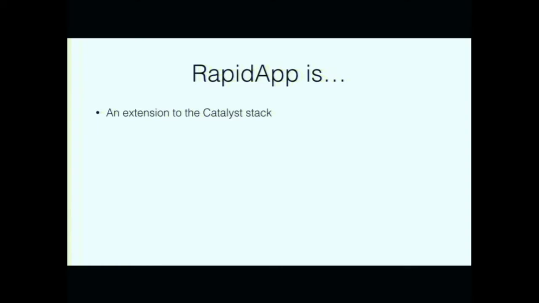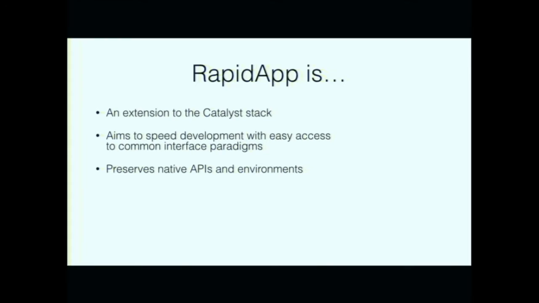So RapidApp is an extension to the Catalyst stack. It aims to speed development by giving easy access to common interface paradigms, as we'll see. But it still preserves the native APIs and environments, and this is very key to the design of RapidApp from the beginning, to not block access to all the existing conventions that are already good in Catalyst.